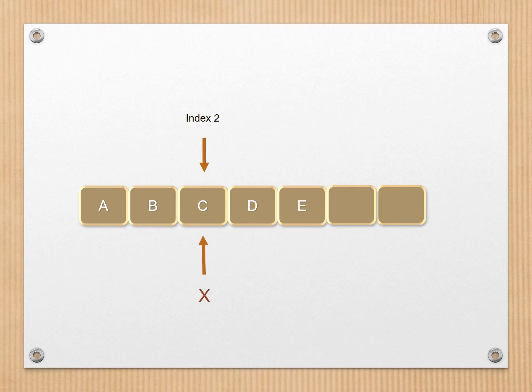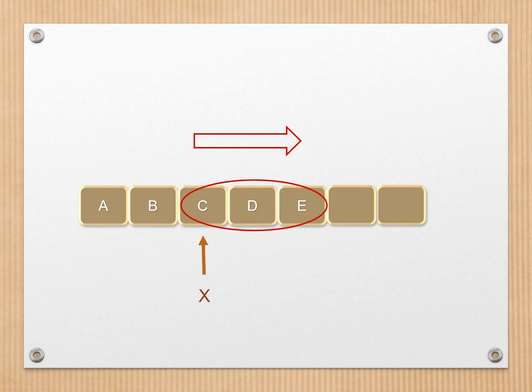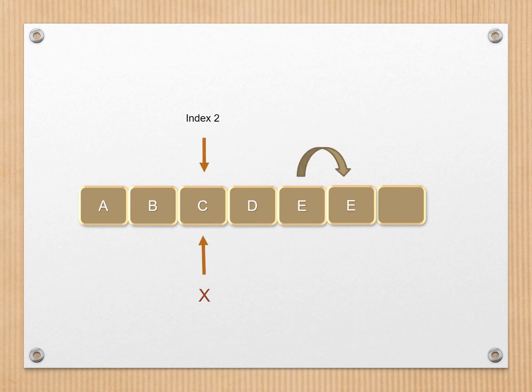In order to insert one element into the list, all elements from that position onwards have to be shifted to the right by 1. Shifting must be done starting from the bottom. So X is inserted in the designated space.